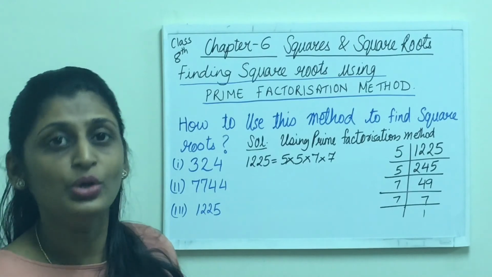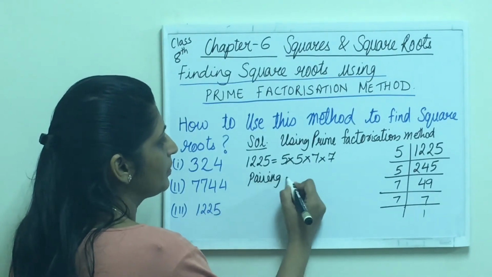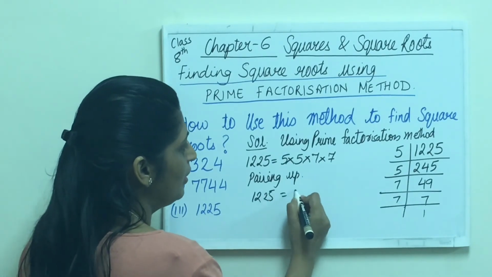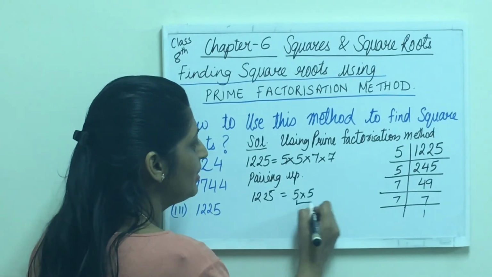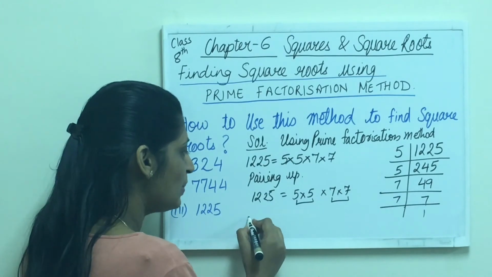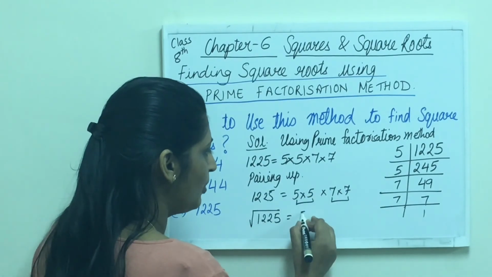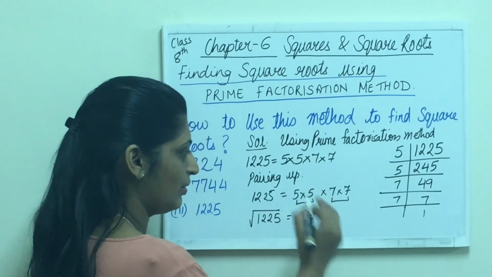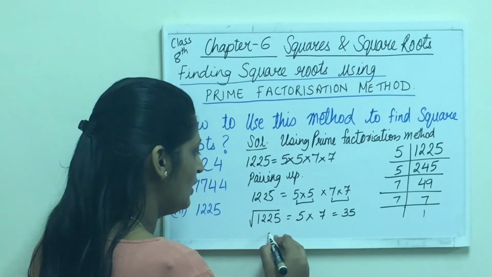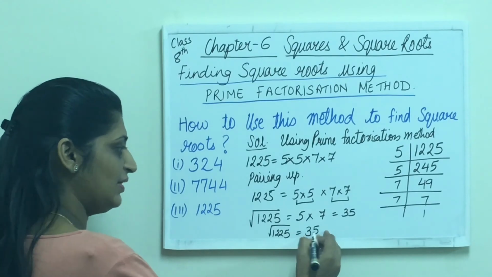My next step is to pair them up. We will pair up the two similar numbers like 5 and 5, and 7 and 7. Now to find the square root of 1225, I'll choose one number from each pair. And that concludes that 5 times 7 is 35. The square root of 1225 is 35.